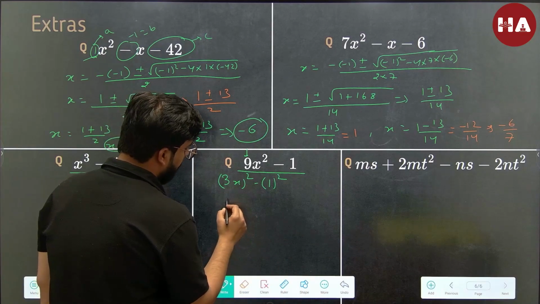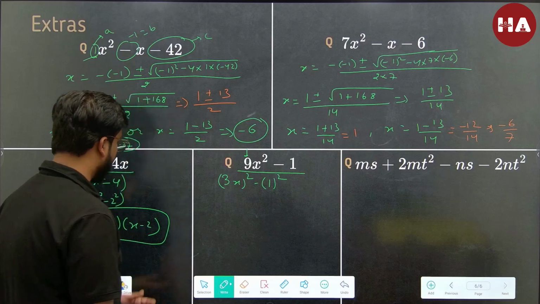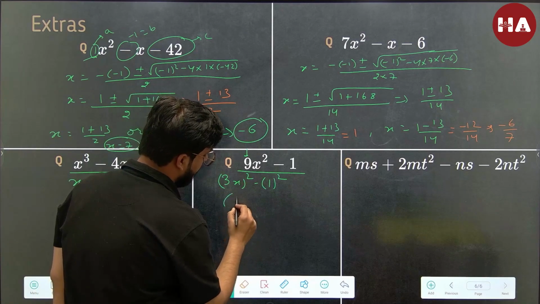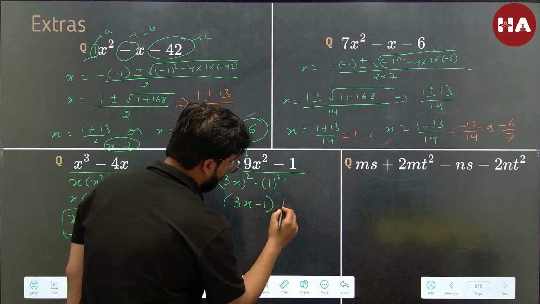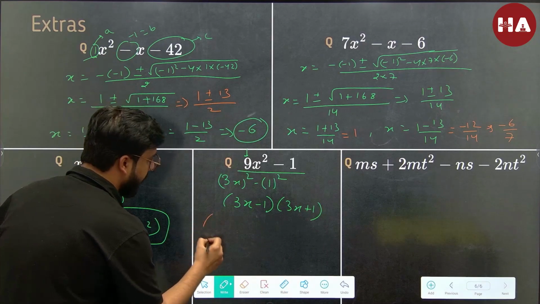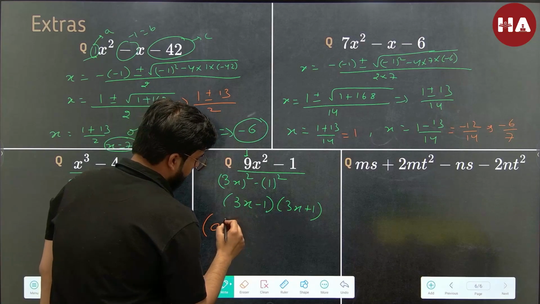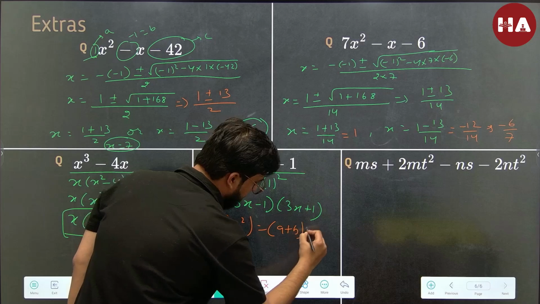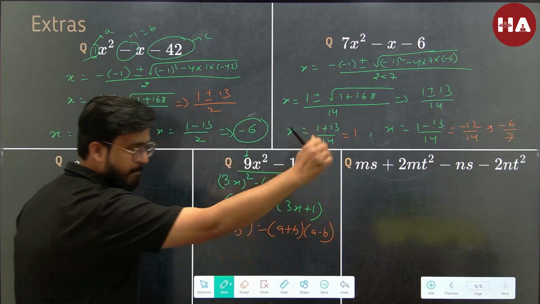So this is similar to the last equation. So this will be a square minus b square. This will be 3x minus 1 and 3x plus 1. So you can write the identity also: a square minus b square is equal to a plus b, a minus b.